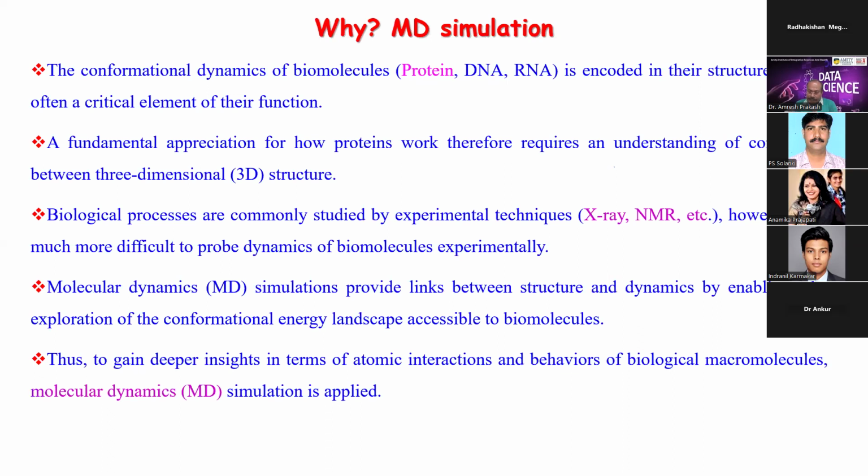But X-ray gives us static snapshots. Technically, the entropy tends to zero, meaning the molecule is frozen in a particular state, and from that state we take a snapshot and draw the 3D coordinates. So the structure we get from X-ray is static.